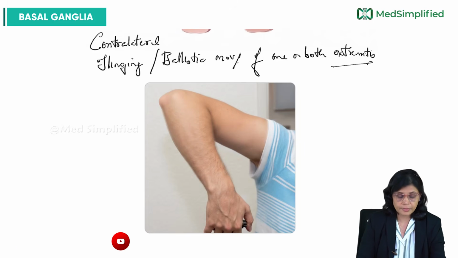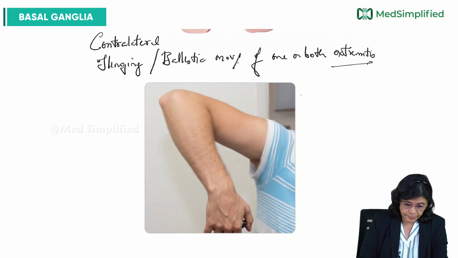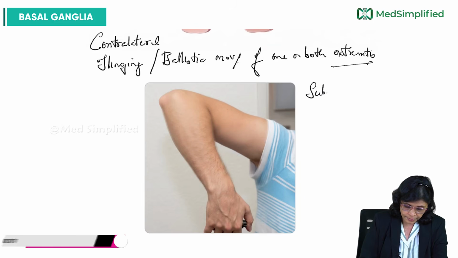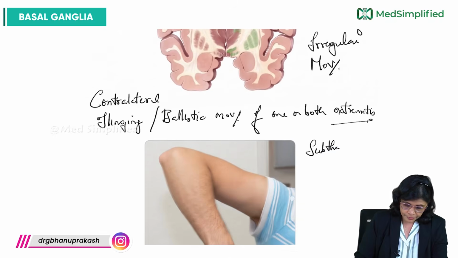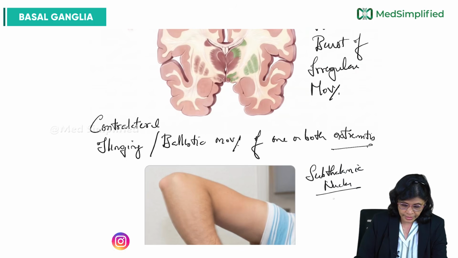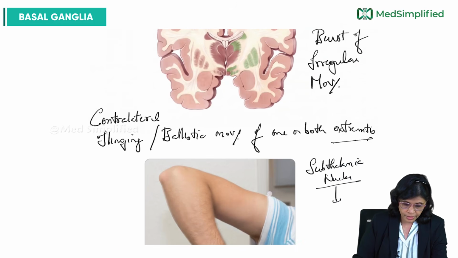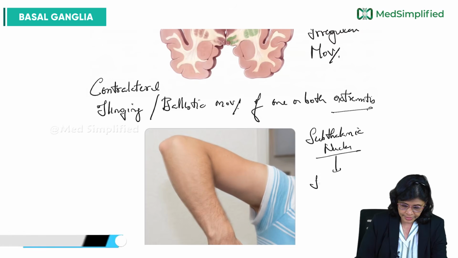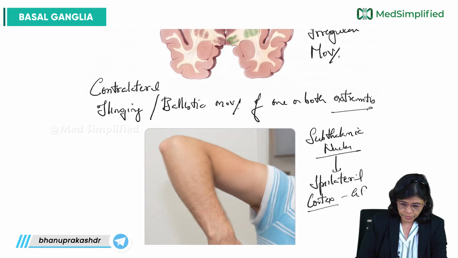Why this happens is because the subthalamic nucleus of one side will be projecting to the ipsilateral, the same side cortex, through globus pallidus and thalamus.